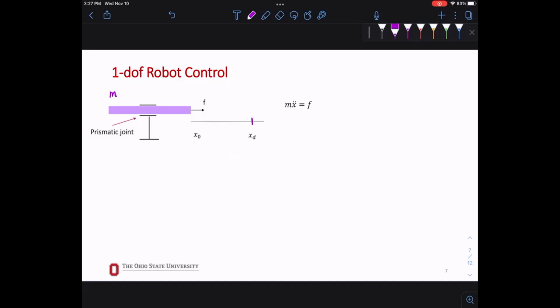So the only thing we have is m x double dot. So in general, we are modeling our prismatic joint as m x double dot plus b x dot plus k x equal to some f. The only term we have here is just the mass being accelerated by x double dot, and we want to make sure this f is such that we will stop at x desired.